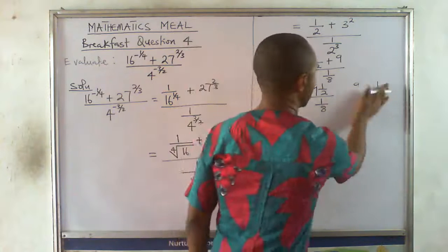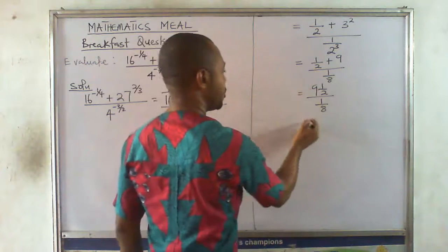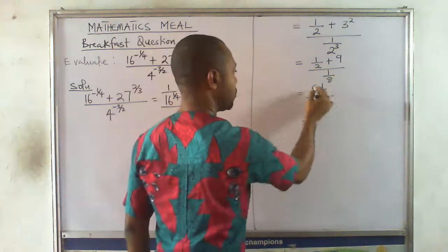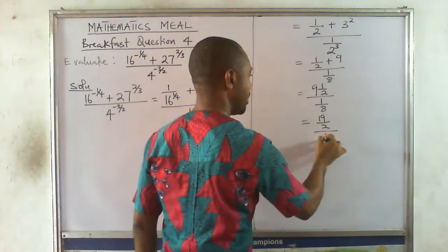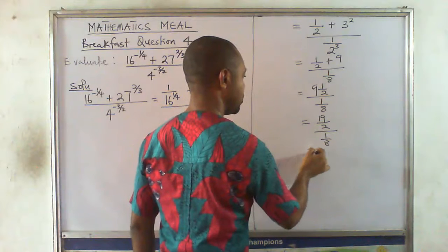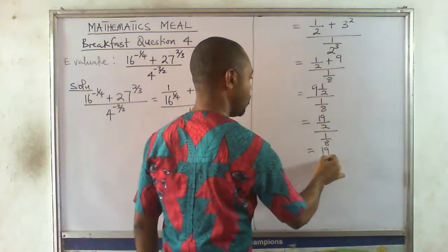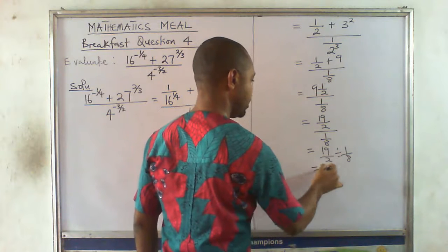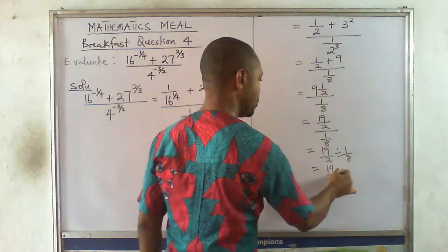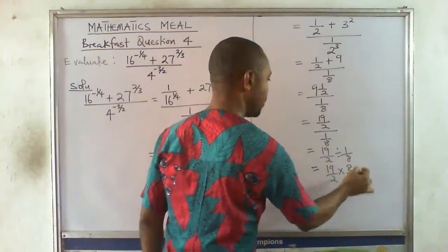So let's change it to an improper fraction: 19 over 2 divided by 1 over 8, which is 19 over 2 times 8 over 1.